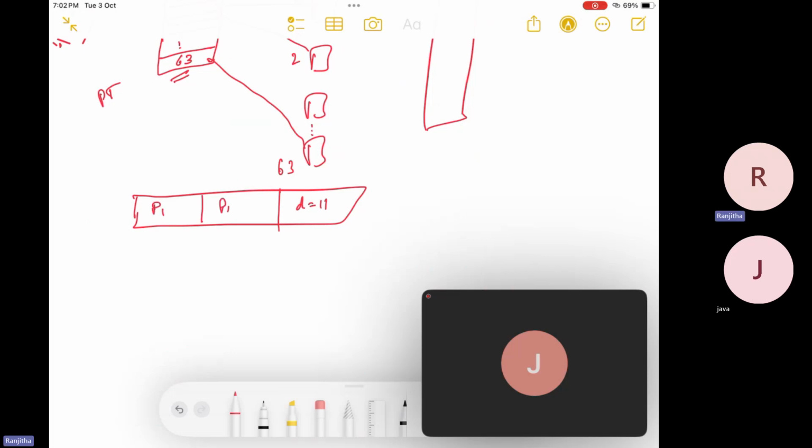P1 is 6 bits and P2 is 9 bits. This is how the hierarchical paging scheme works.